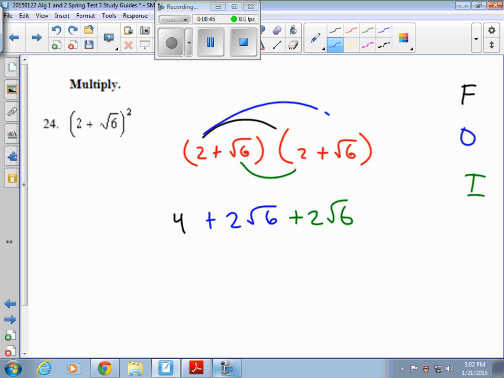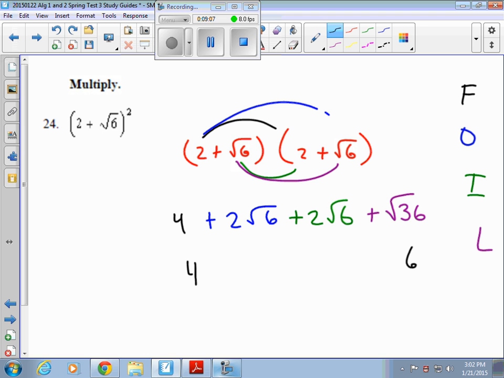And then your last two terms, the square root of 6 times the square root of 6, it's plus the square root of 36. Or you could see at that point that that's the square root of 6 multiplying by itself and just make that what is the radicand, what's under the symbol, 6. But if you don't see that, just simplify it here. The square root of 36 is 6.